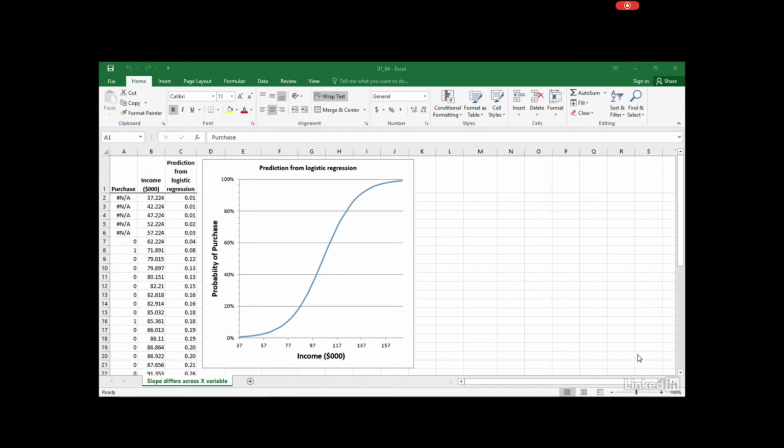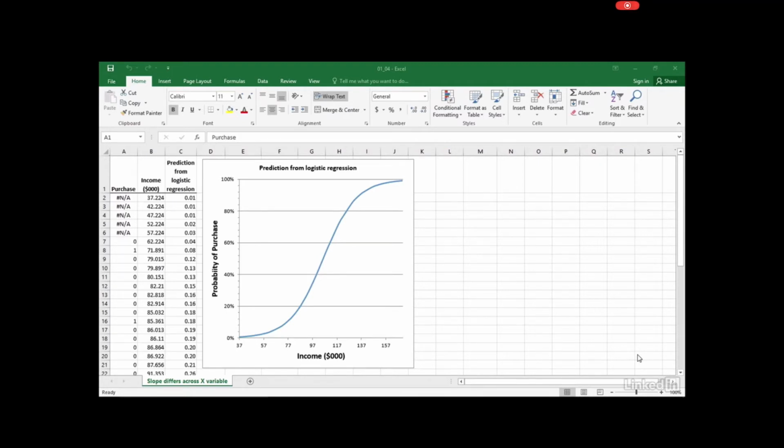Presumably, the family or the person who is contemplating purchasing the house needs more than $60,000, possibly even to qualify for a mortgage loan.